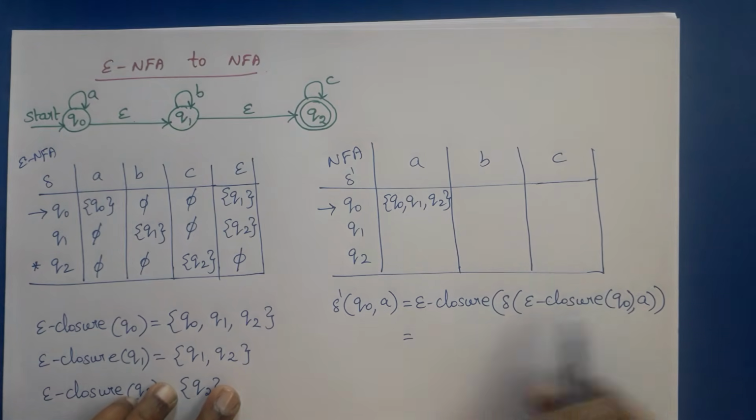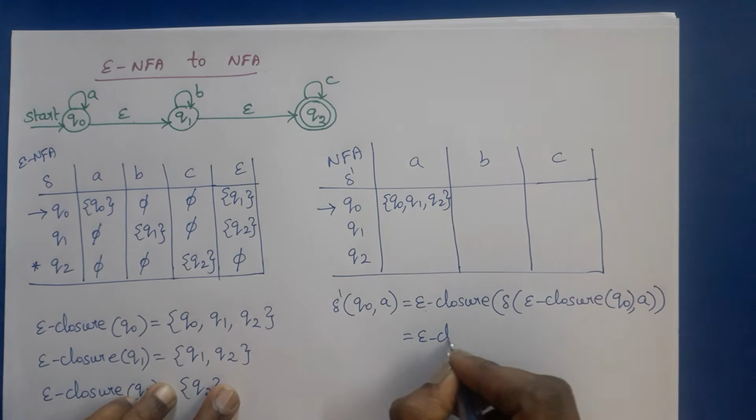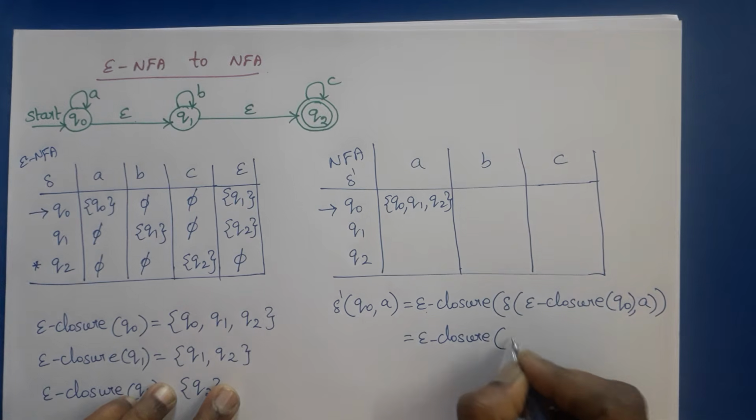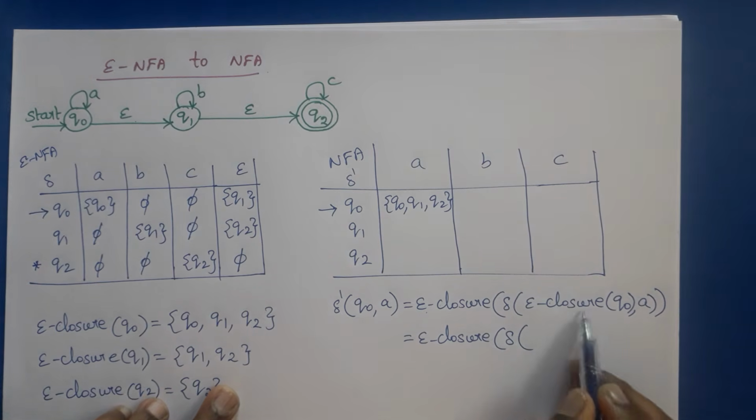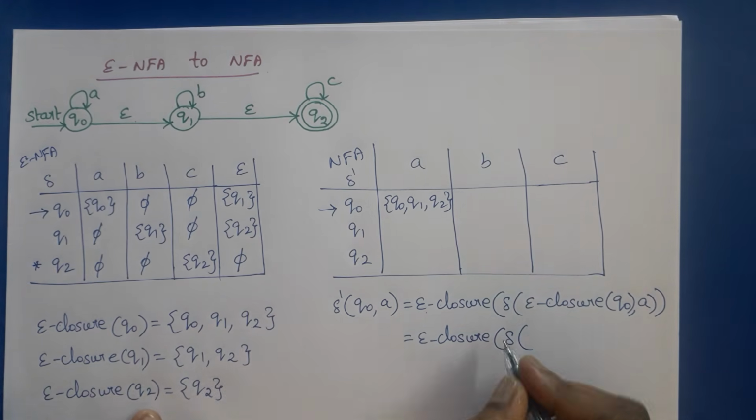After finding the result, we have to find the delta transitions. If it has more than one state, we need to perform a union operation. Then after finding the result, again we have to find the epsilon closure. So the epsilon closure of Q0 is Q0, Q1, Q2.